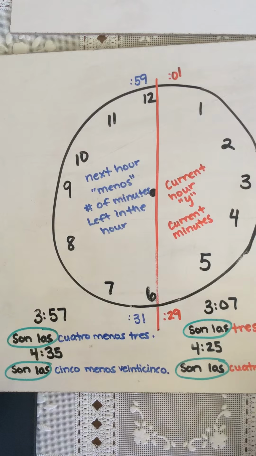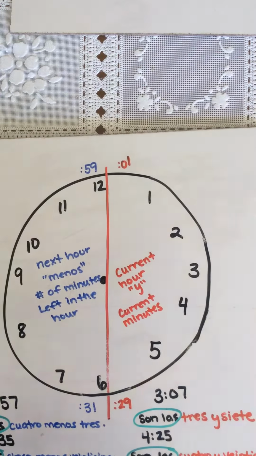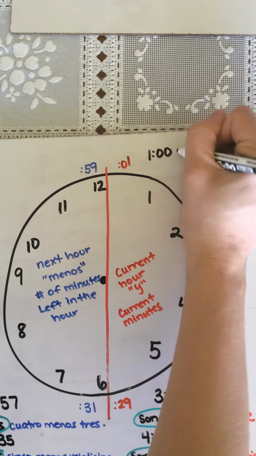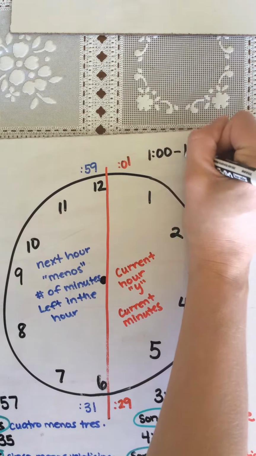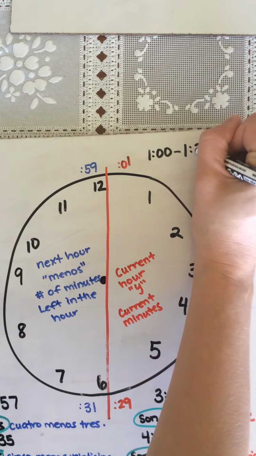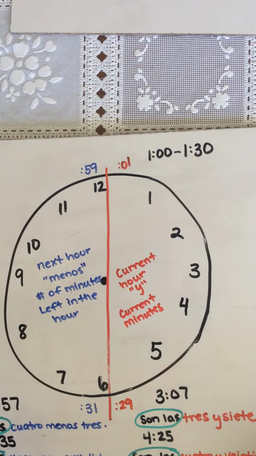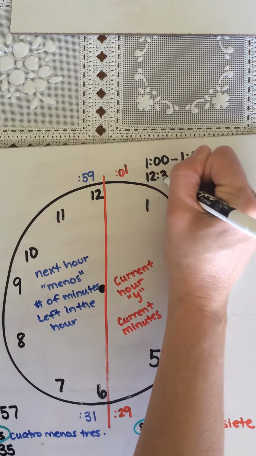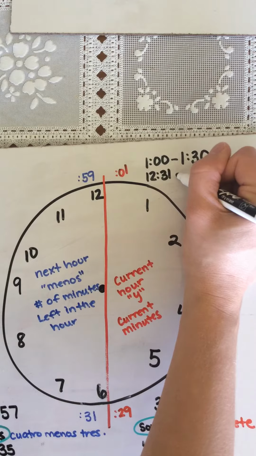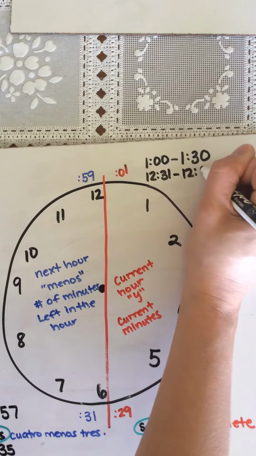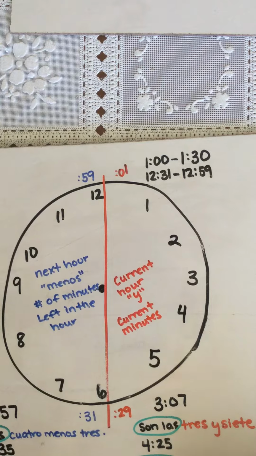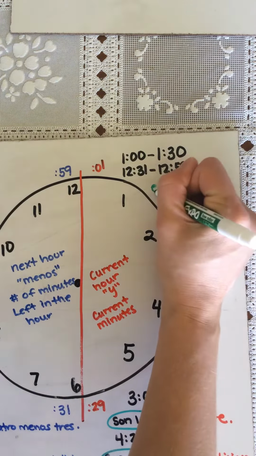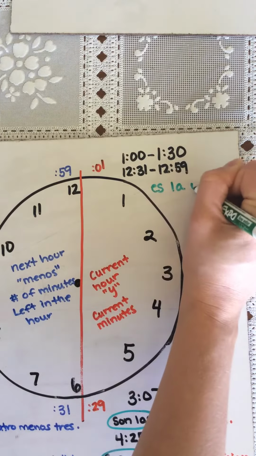If we were saying any time from 1 o'clock to 1:30, or any time from 12:31 to 12:59, in that case, because there's only 1 hour being stated, we're actually going to use the phrase es la una.